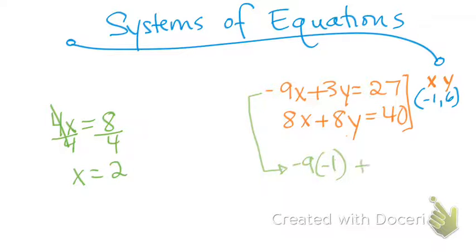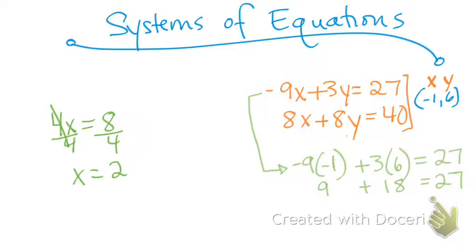If I put 6 in for y, I get this. And if I multiply that and then add them together, it does equal 27. Because negative 9 times negative 1 is 9. This is 18. And 9 plus 18 is 27. That's what I mean by saying that those two coordinates are true for that equation.